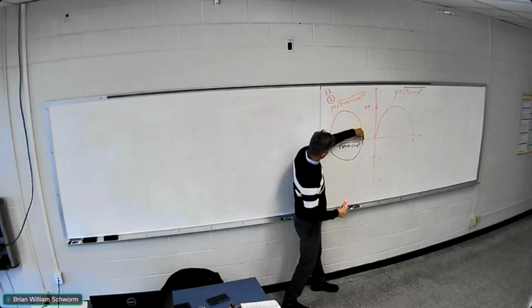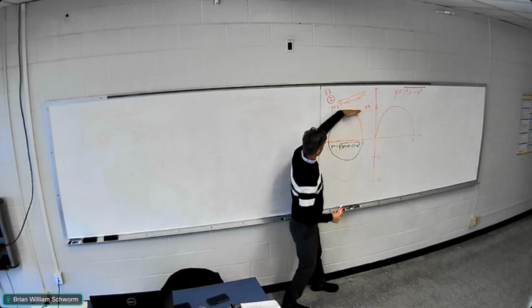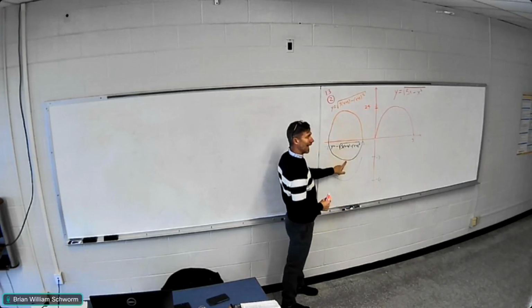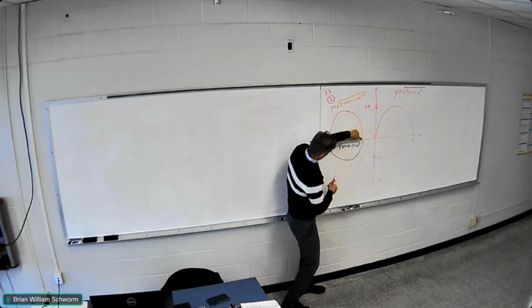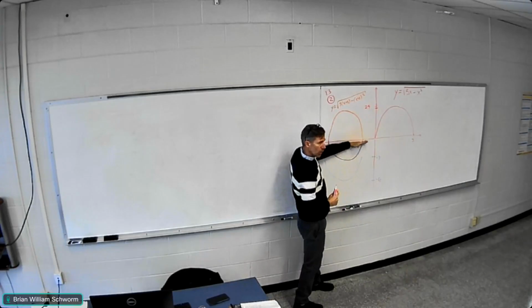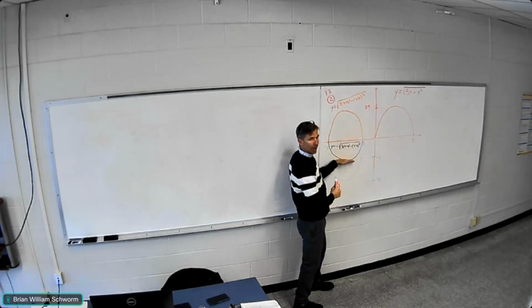Now also notice, when I flip it upside down, the top is at 2.5. So when I flip it down, it's at negative 2.5. For this upside down semicircle, it's going from y being 0 down to negative 2.5.